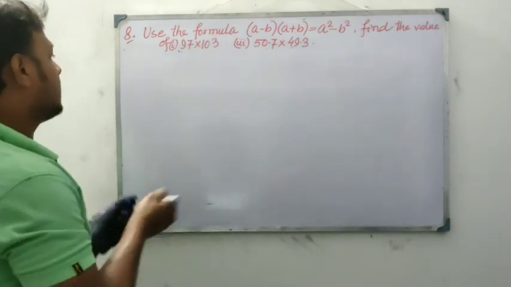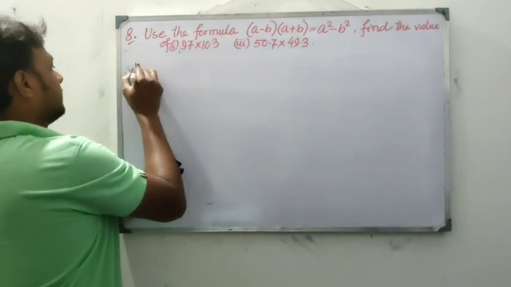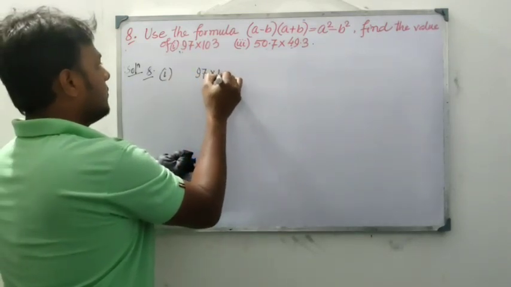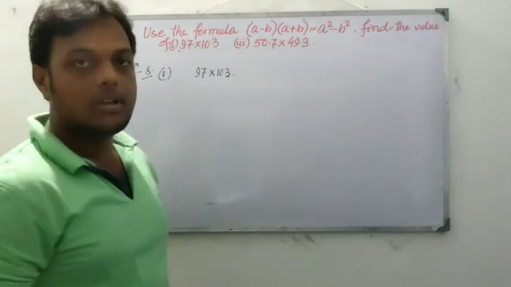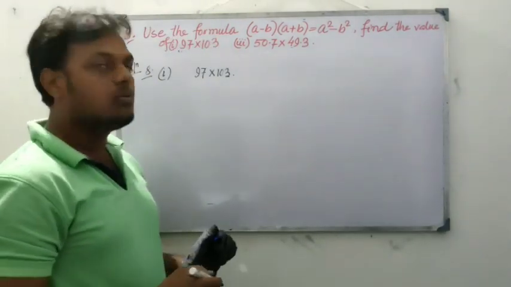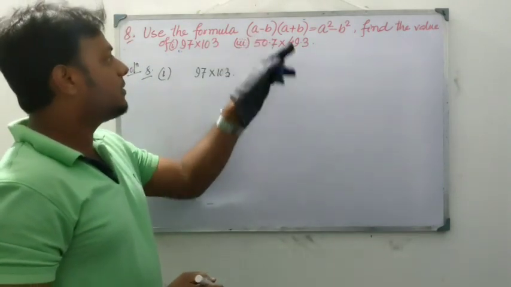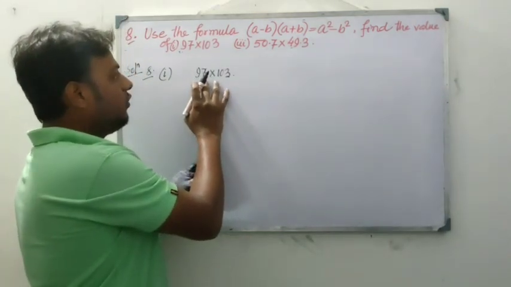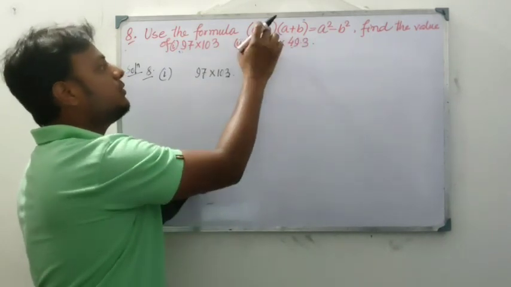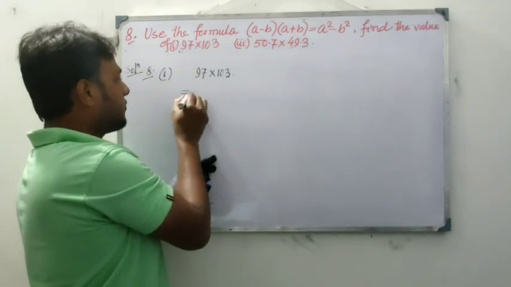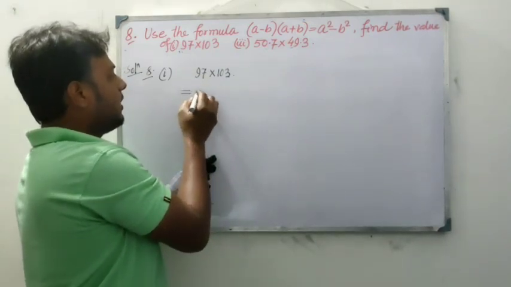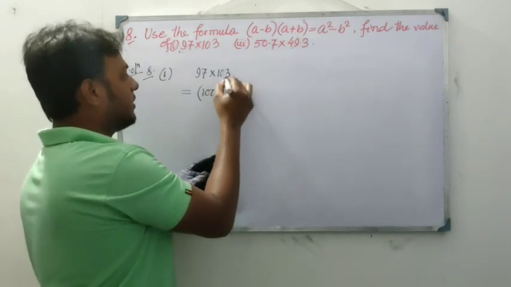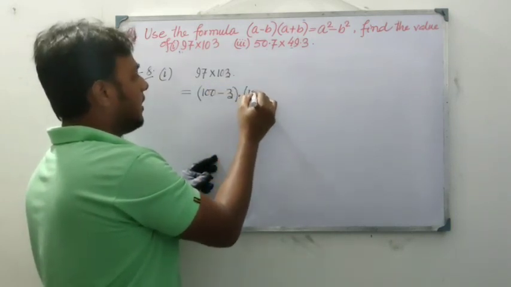Find the value of the first one, 97 into 103, by using this identity. The product is there, so we have to make it into the form (a minus b) into (a plus b) so that we can use this identity. 97 can be written as 100 minus 3, and 103 can be written as 100 plus 3.